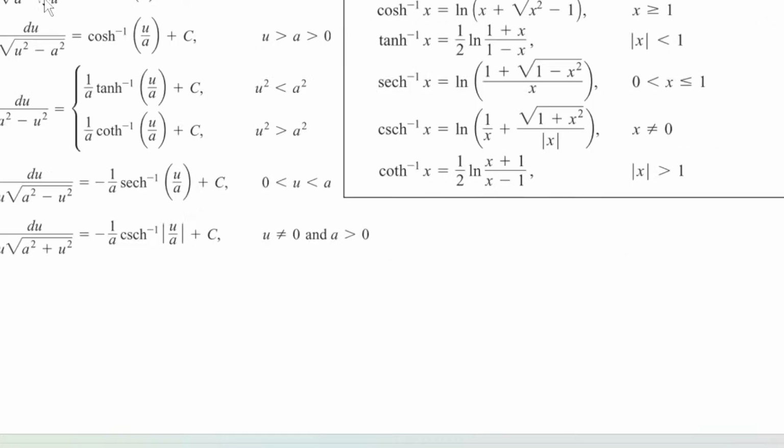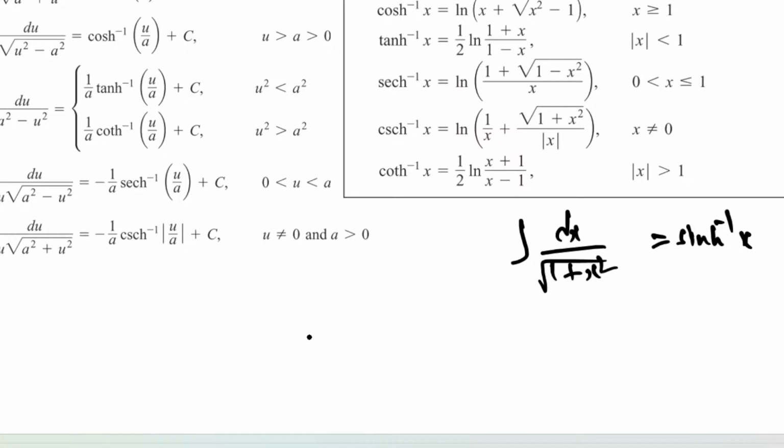Now this kind of integral, what will you do? The integral of dx by square root of 1 plus x square equals sin h inverse x, right? This is a plain antiderivative. Now here a square plus u square is there, right?